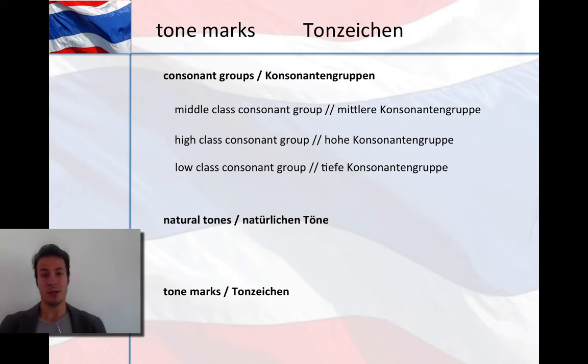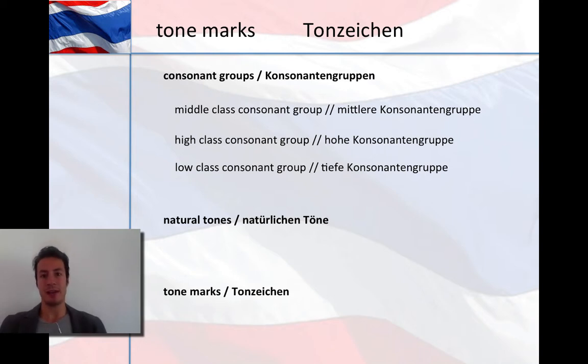And so far we know about the neutral tones that are already included somehow in the consonants. Bis jetzt kennen wir bloß die natürlichen Töne, die durch die Konsonanten quasi gebildet werden, in den verschiedenen Silben.